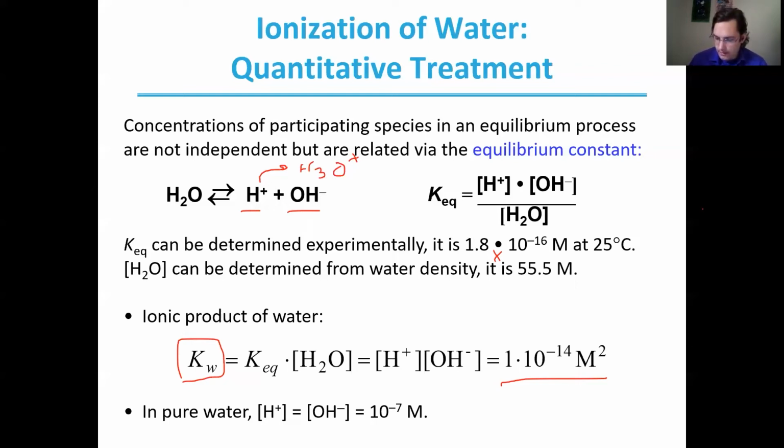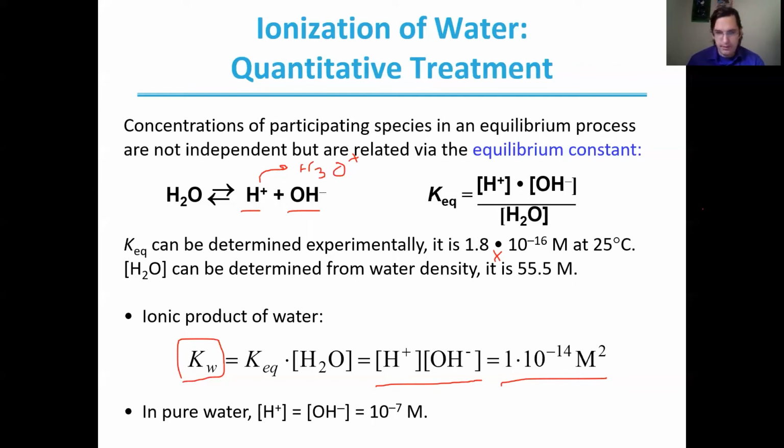Now, of course, this 1 times 10 to the negative 14th ion product of water is equal to our H plus and our hydroxide ion concentrations multiplied together, right? Since we've multiplied our water concentration by the equilibrium constant. And so in pure water, we have equal amounts of H plus and OH minus, both equal to 10 to the negative 7th.